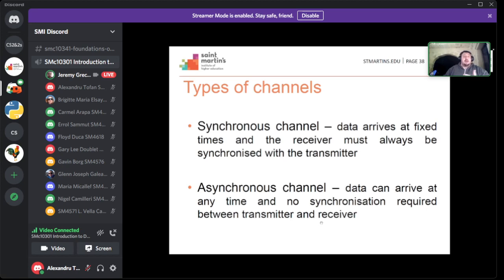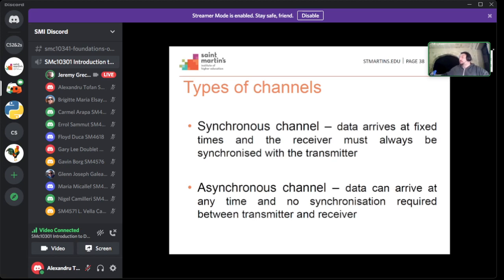And you can also have channels which are synchronous and asynchronous. Synchronous data essentially arrives at fixed times, and the receiver must always be synchronized with the transmitter. A synchronous channel would be, for instance, live television.